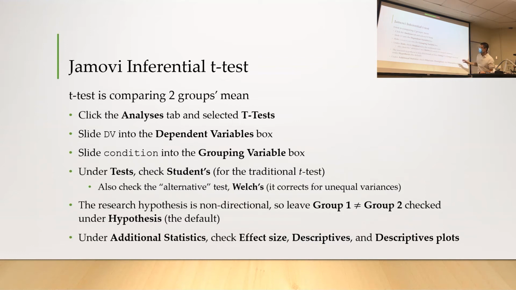Okay, so you just leave group 1 equals group 2. You don't need to worry about what that means. Just leave it like that. And then under the additional statistics, you check effect size, descriptives, and descriptive plots. It gives you more information about it. So we were just talking about that example.